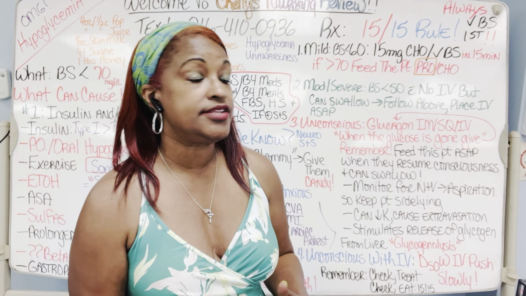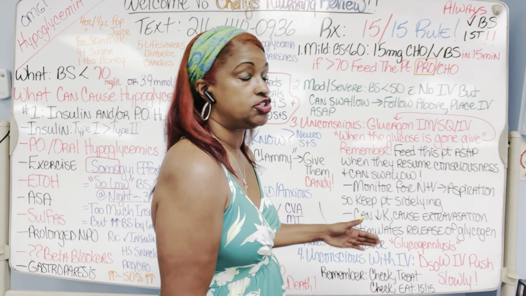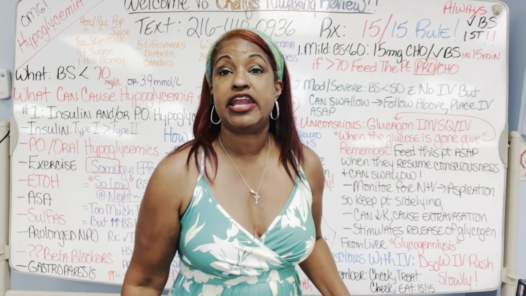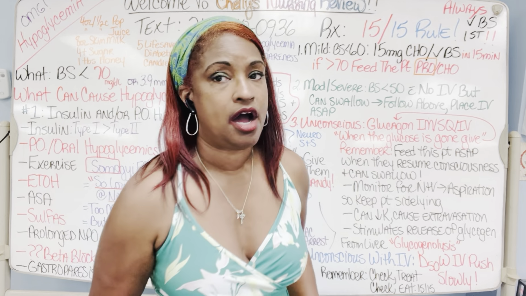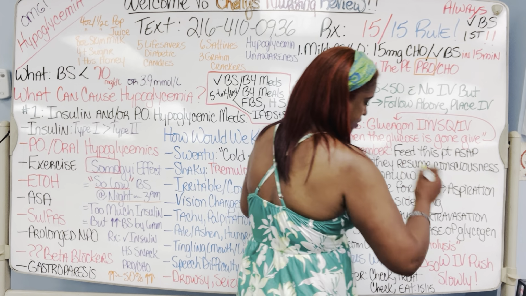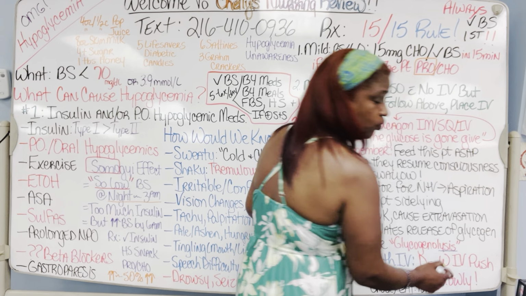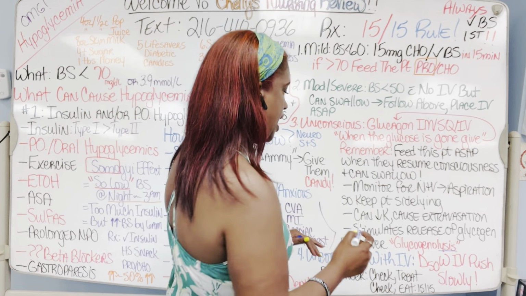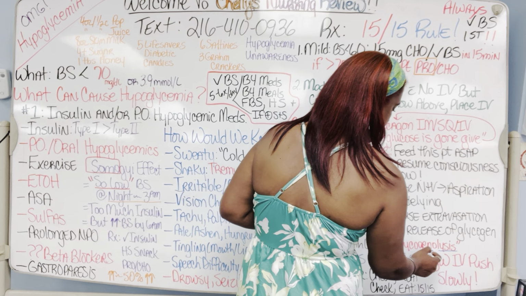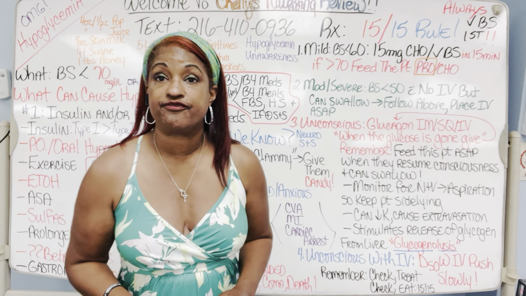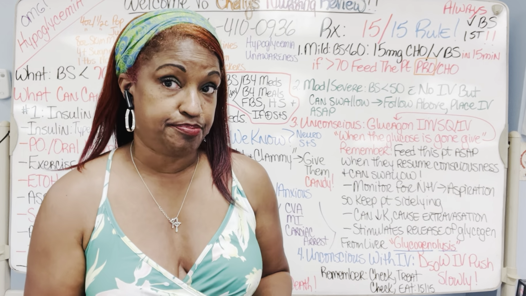This glucagon, remember how it works. It stimulates the release of glycogen from the liver. This is called glycogenolysis. Uh-oh, hold on now. What does lysis mean, y'all? Come on, what does lysis mean? It means the destruction of, okay. Glycogen is what the liver stored for you to use when you were sleeping.